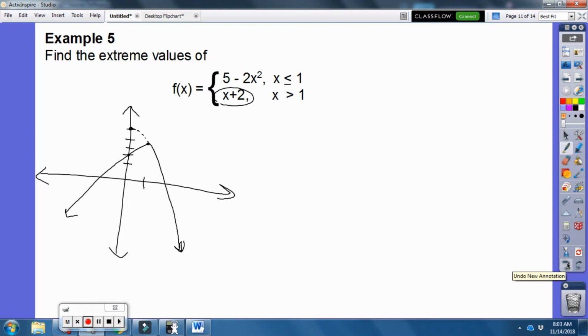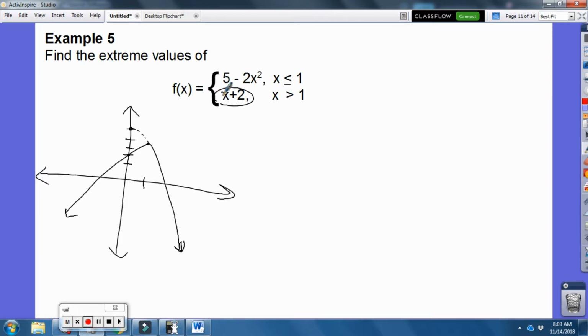The way I could check that is just 5 minus 2 is 3, and 1 plus 2 is 3. I know that f of 1 in both cases is 3. So it's going to be continuous. And it is equal here. It is, x is less than or equal to 1, so it will be continuous.